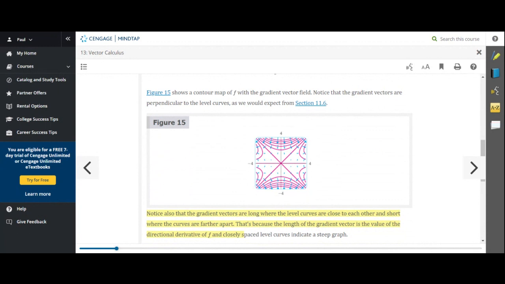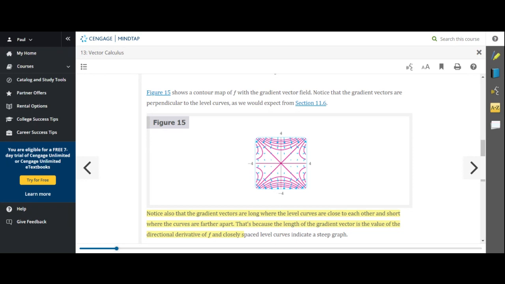And that's absolutely true. That was the principle behind the Lagrange multiplier approach to finding maximum and minimum of functions in section 11.8, subject to a constraint. So gradient vectors are perpendicular to level curves.